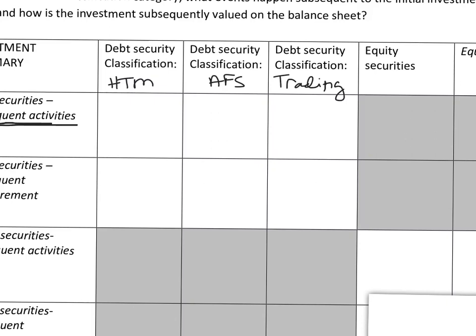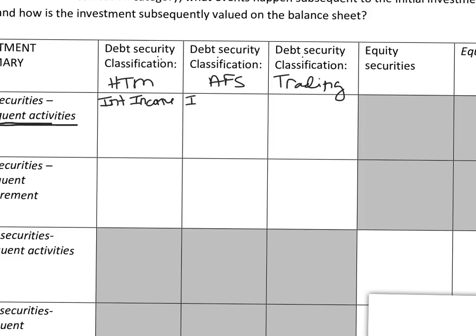But the subsequent activities that we had to keep track of, for each of these, remember we're talking about the same economic instrument, okay, the same financial instrument. It's a bond. We talk about a bond that is the identical bond in all three cases. And so if we have purchased a bond and we are holding it, we are going to have to recognize interest income.